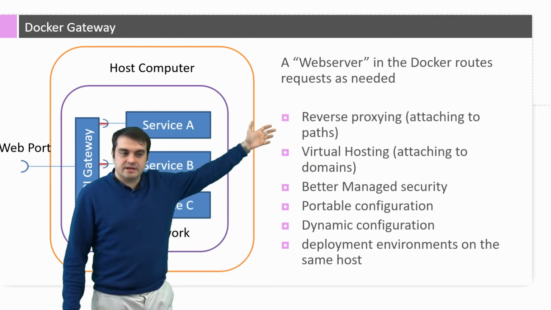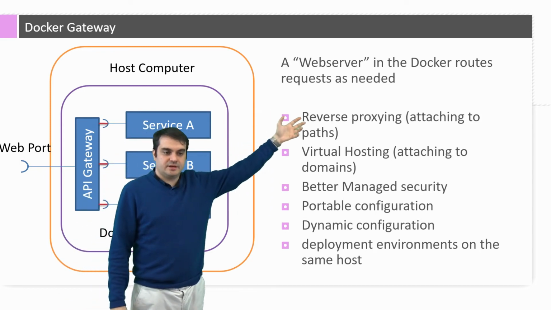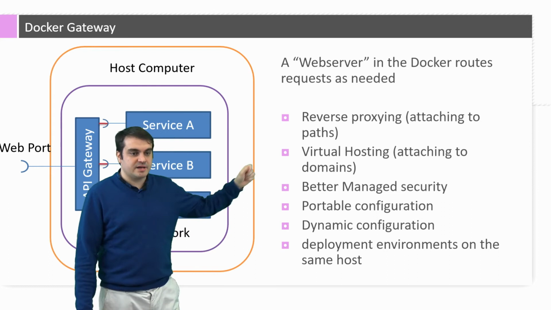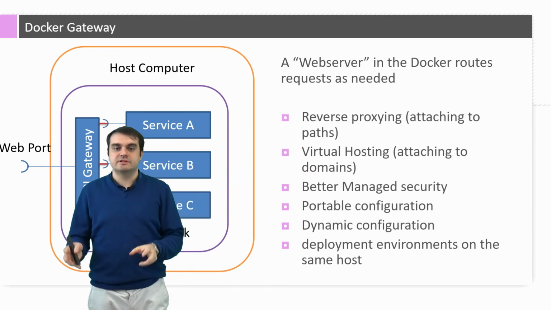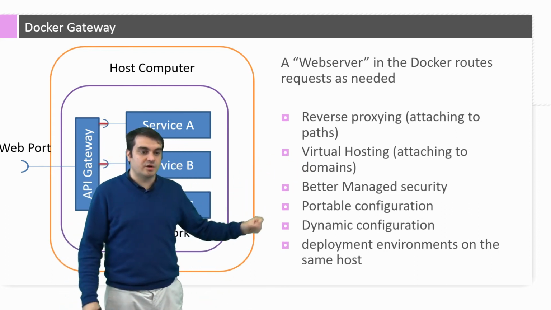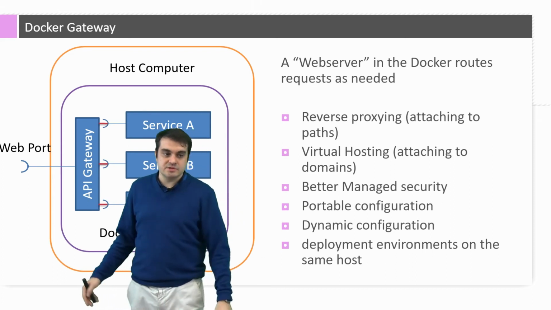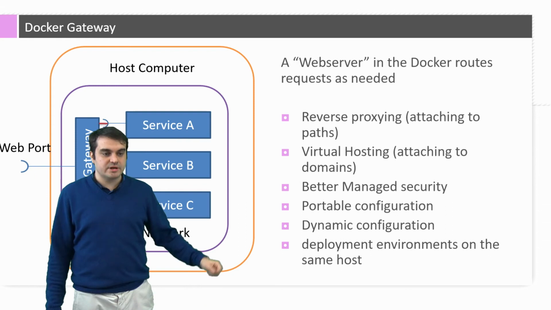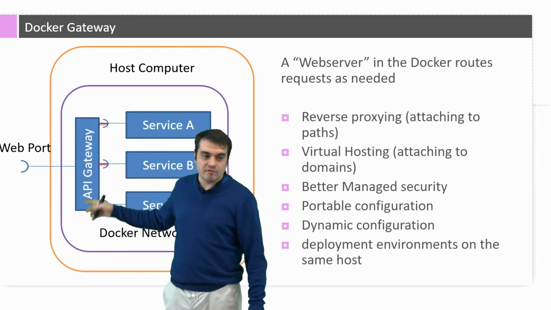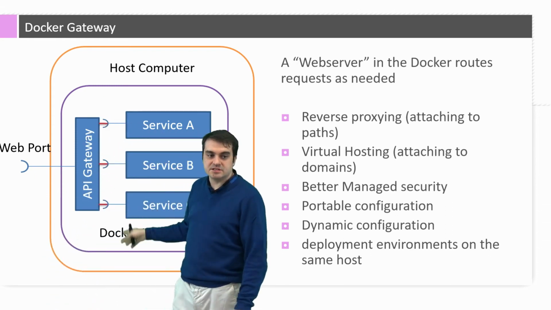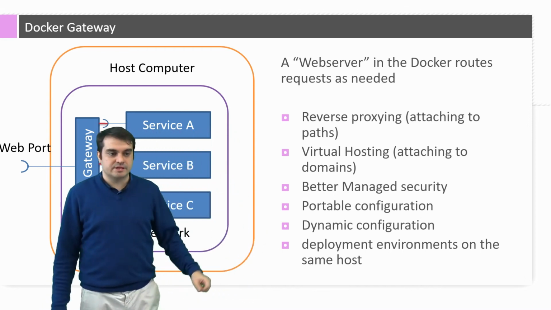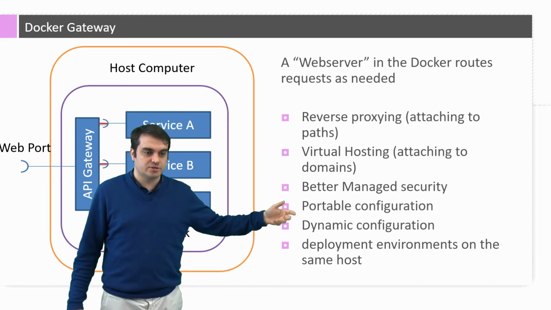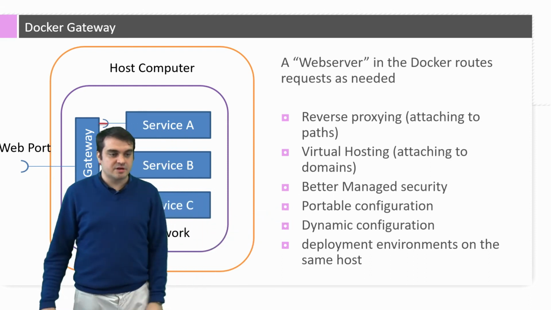Again, we have all the benefits of reverse proxying, configuring services in the paths, and virtual hosting, configuring the services in different virtual hosts. We can manage security centralized as all the requests pass through this component. We can port our configuration because it's inside this network, and we can model that network and then deploy it in another host. We have dynamic configuration.